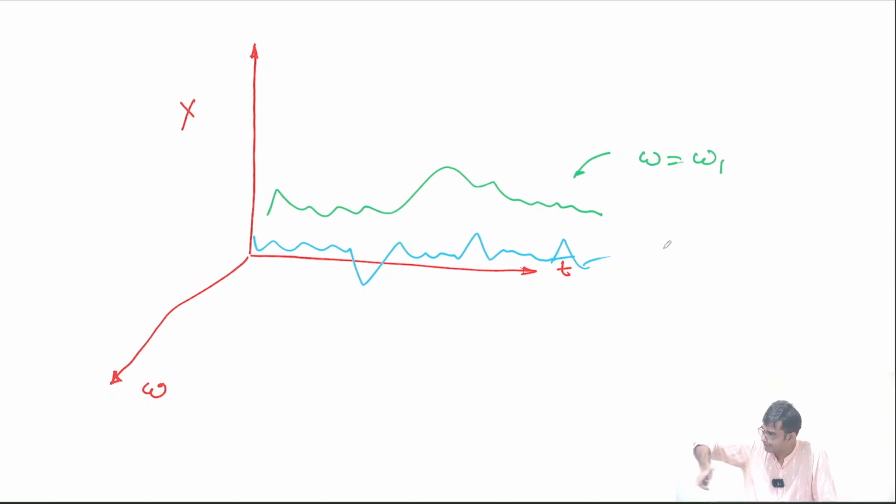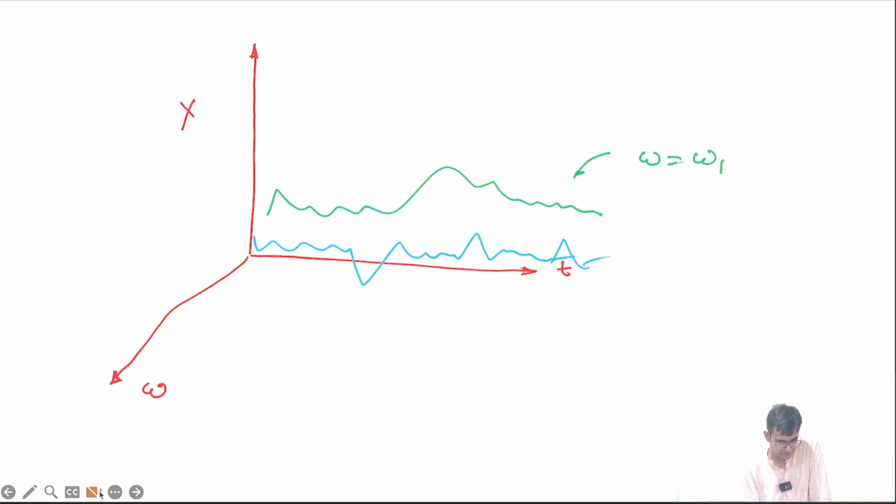In the omega direction, each point represents a realization, because the omega axis is the random axis, the one coming out of the board. So each point on that represents a random sample.